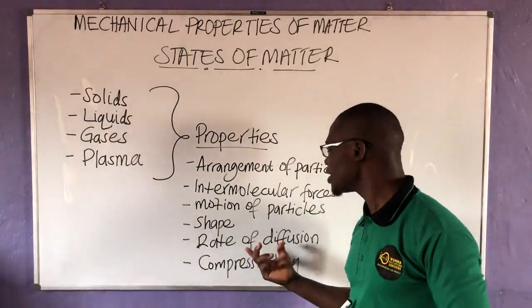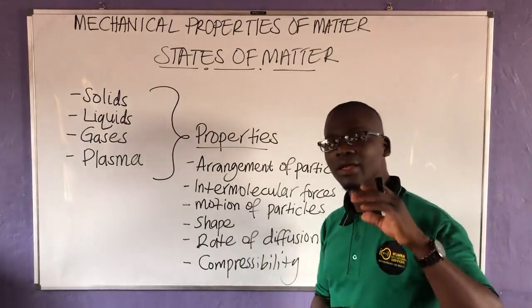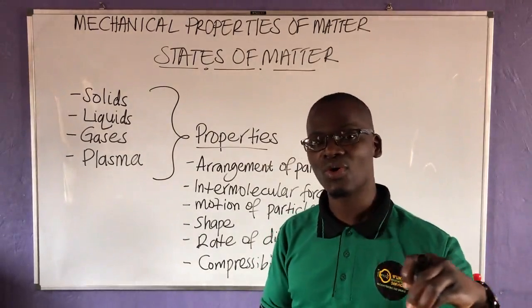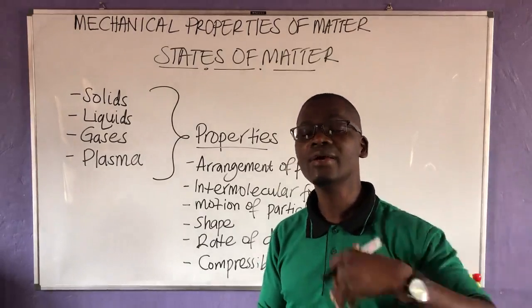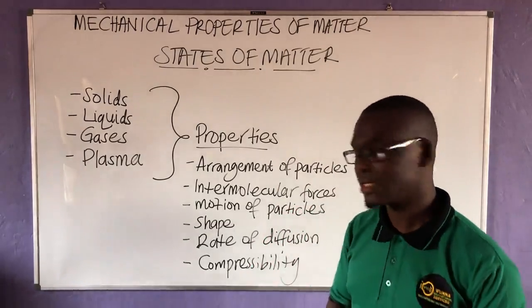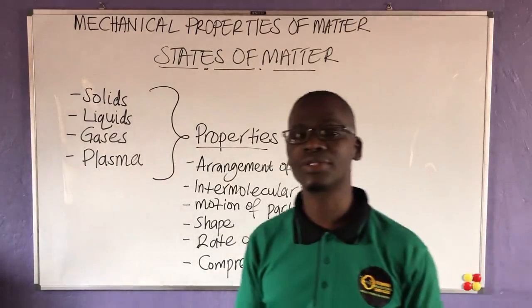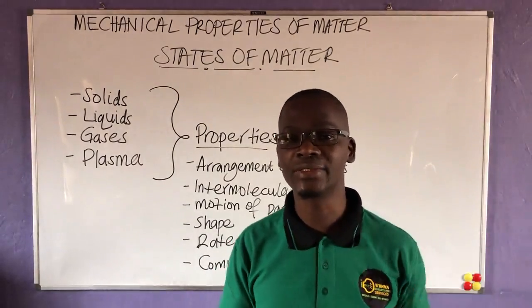When we come to the rate of diffusion, the rate of diffusion depends on how freely the particles can move. Therefore, it will be highest in gases because gaseous particles have a lot of freedom for movement.